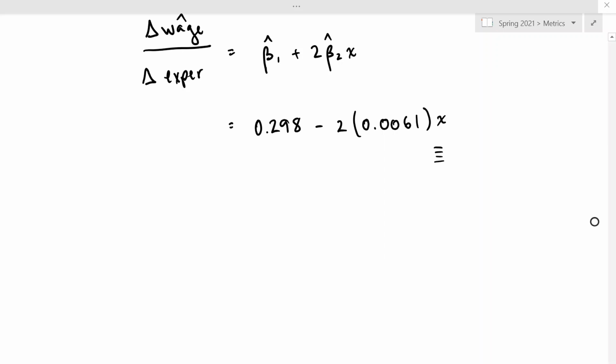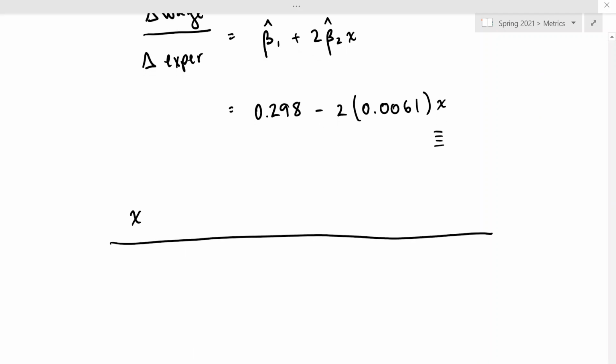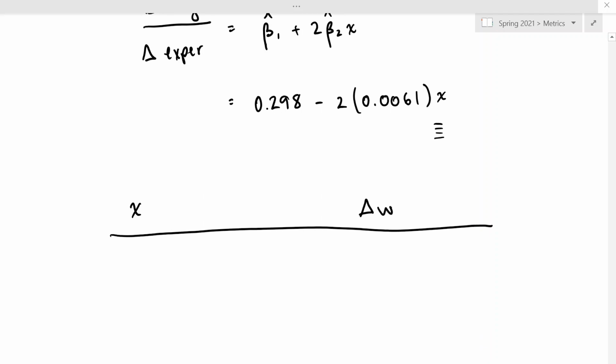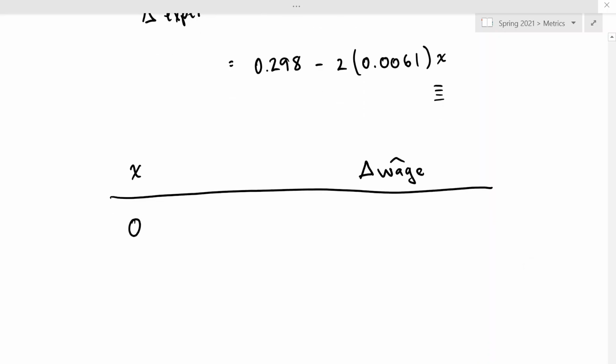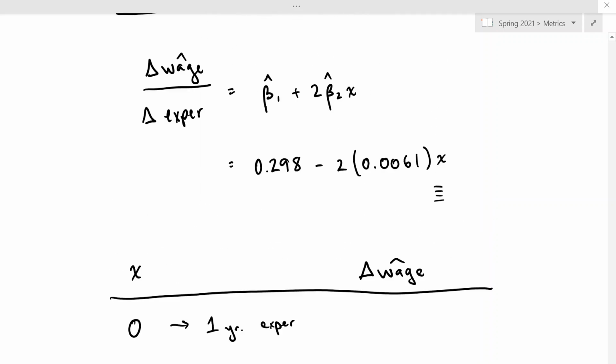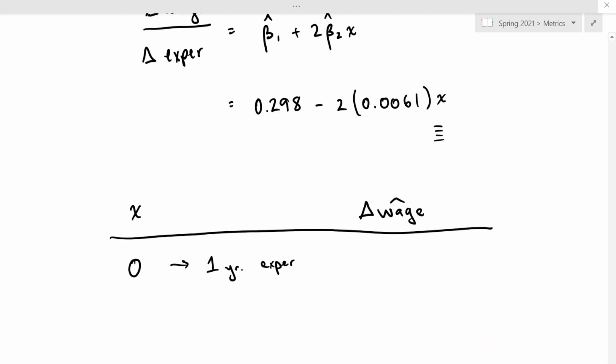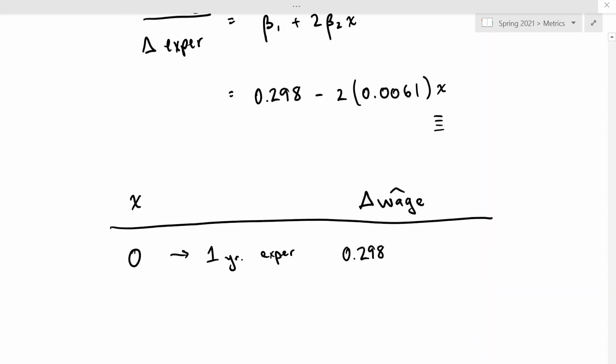So if we have x here, and we want to look at the change in estimated wage, let's say we're starting at 0, and we're going to be going to 1 year of experience. Well, x is equal to 0. So the change in wage with respect to experience is 0.298 minus all of this, but it's times x equal to 0.